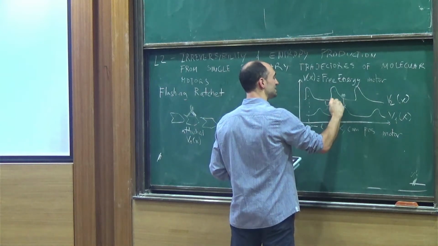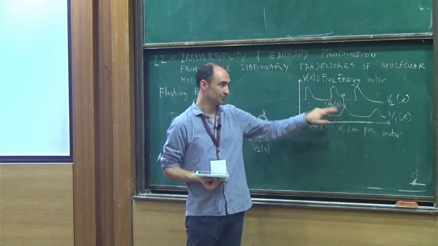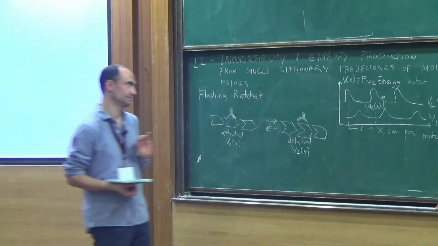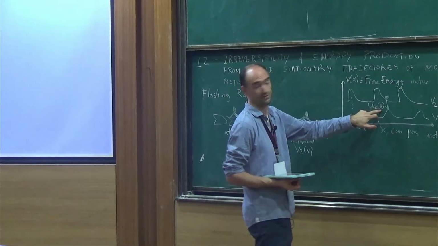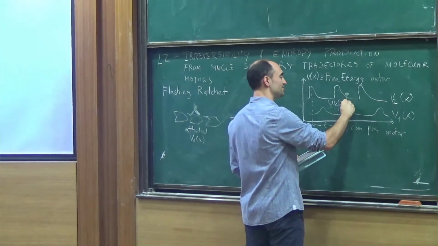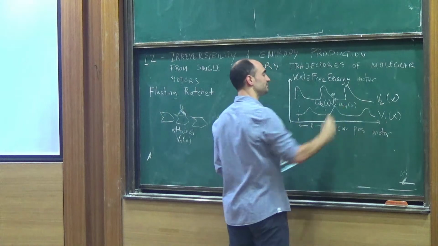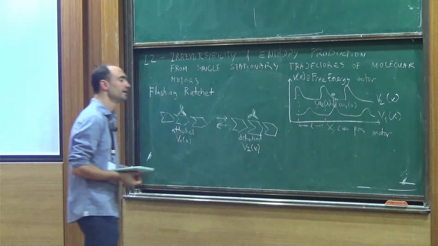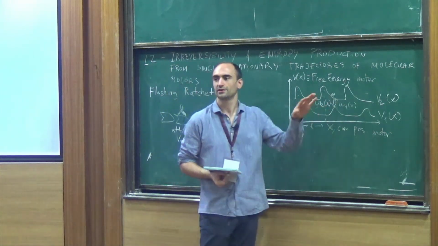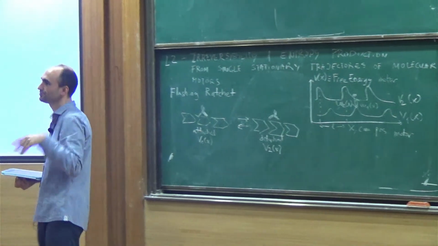In the most general case, the switching rate will depend on the position of the motor. This is omega 2 evaluated at x. And vice versa, from here it can be switched back with a rate omega 1(x). You can think of many possible switching rates, even a constant, homogeneous rate of switching.